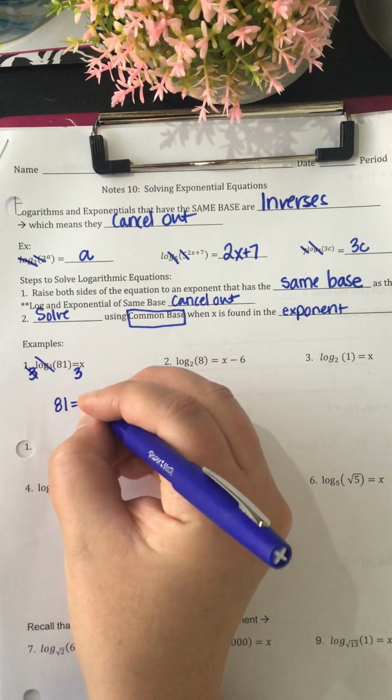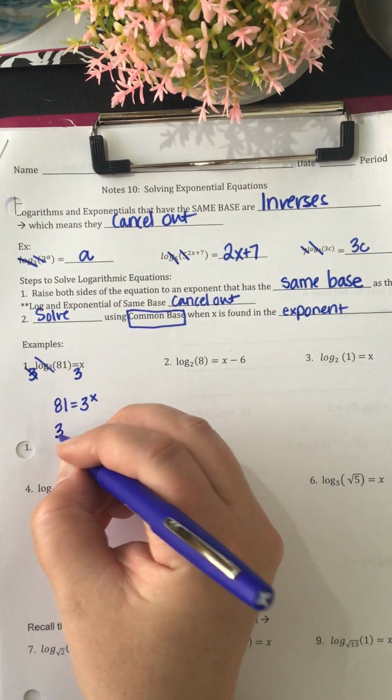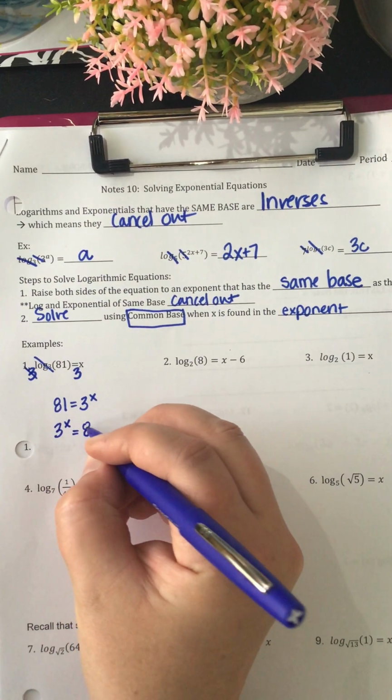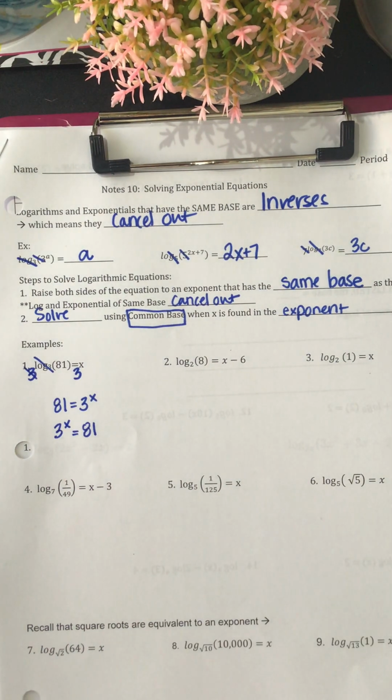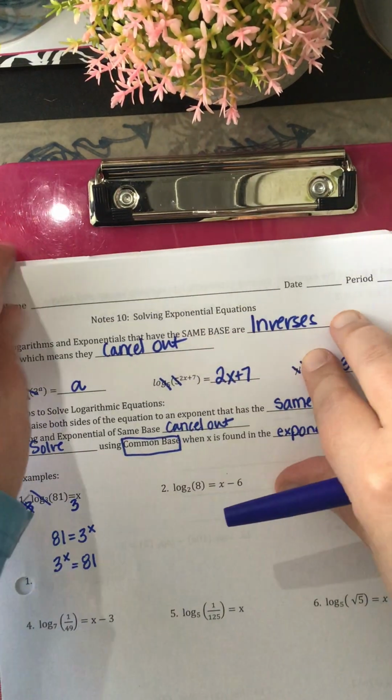Now, I typically like to keep my x on the left-hand side, so I'm going to rewrite that with the 3 to the x coming first, but that step is optional. You don't have to do that. That's really just a preference thing. Then from there, look at your chart. For those of you that were able to find it, let me pull mine out.